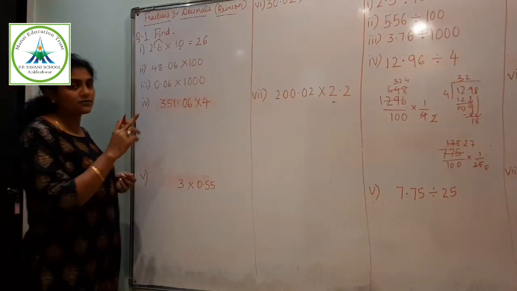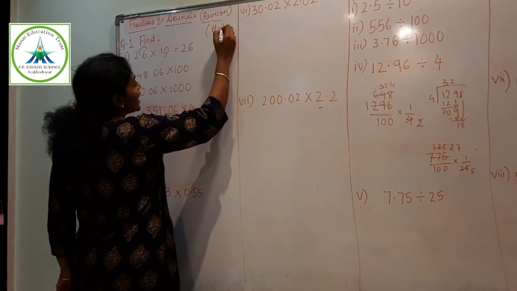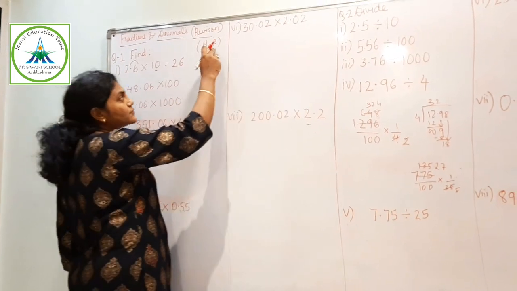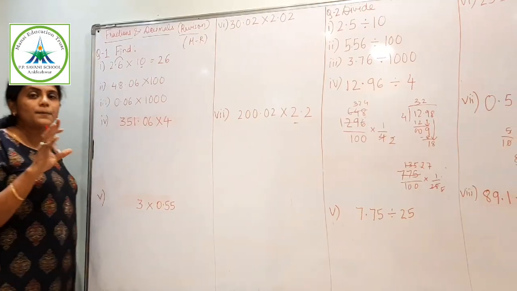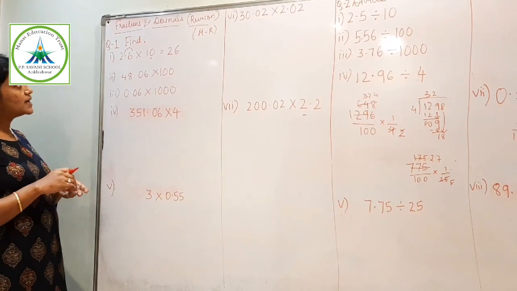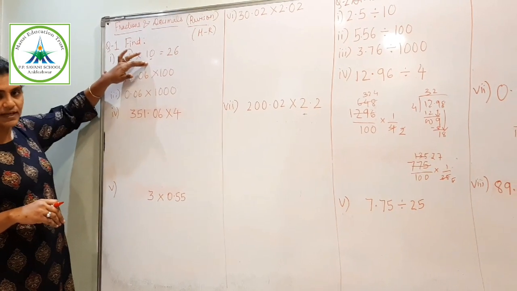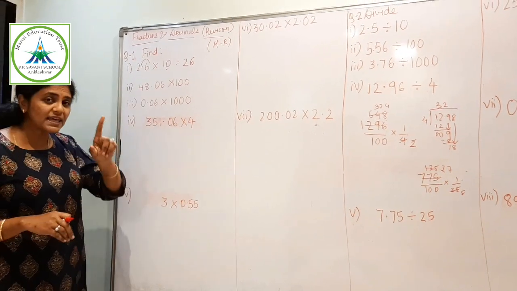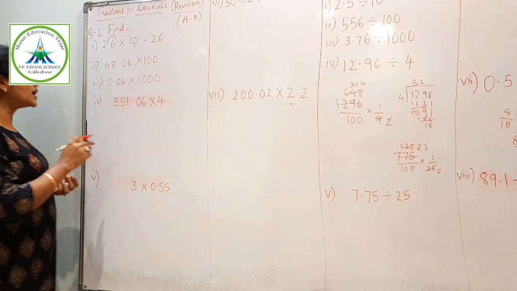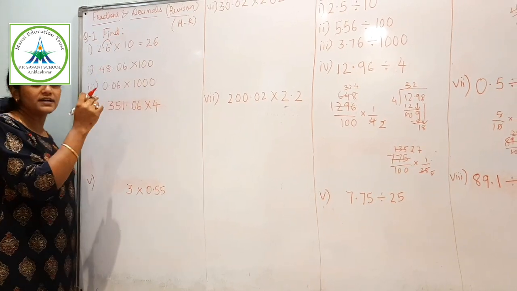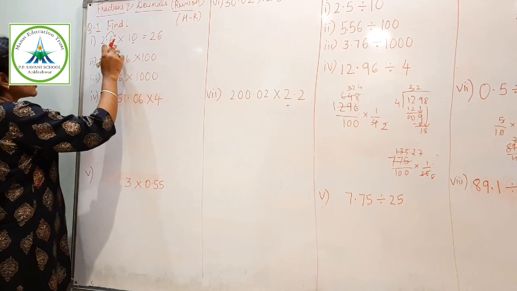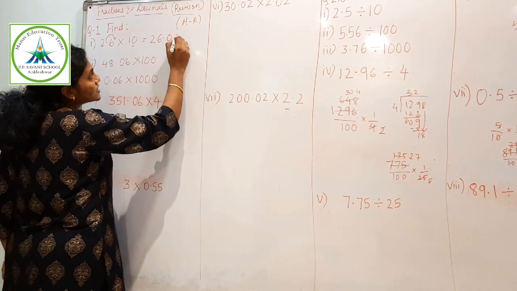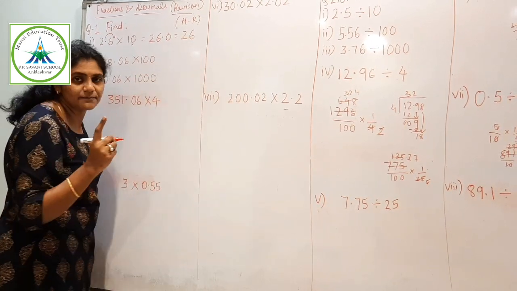You have to remember only one thing in short: MR. MR means when you are multiplying, the point is shifting to the right. So multiplication in that case should be by multiples of ten, that is 10, 100, 1000, etc. One 0 means the point will come here. It will become 26.0. It is nothing but 26.